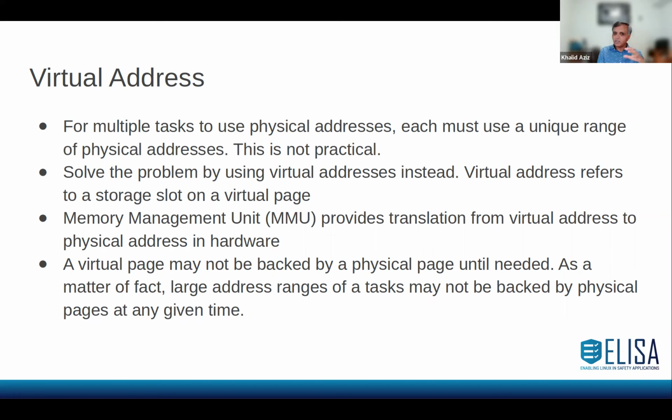We allocate just as much as is needed. And when the task tries to access a virtual address which doesn't have a physical page backing it, that's when we can allocate a page to it. That's how we can afford to run a number of tasks on the system that will add up to more memory than is on the system itself.